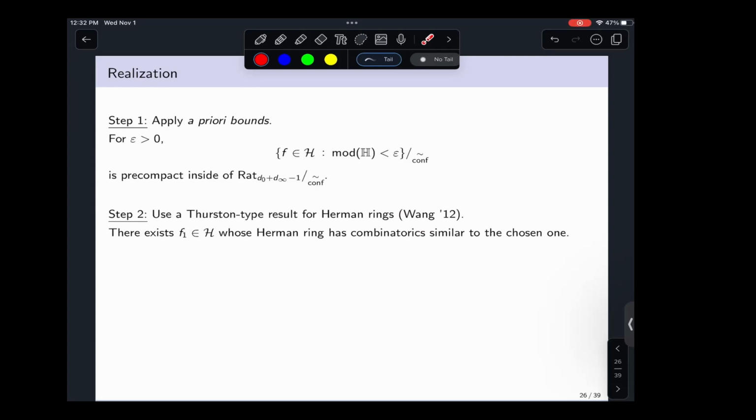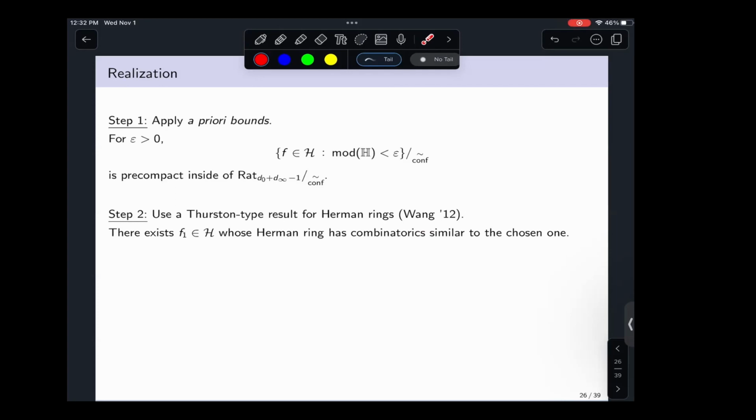And this is some kind of surgery type result for Herman rings, which states that if I want to have a rational map with a Herman ring, but outside of this rotation domain, it's post-critically finite, and also it doesn't have certain obstructions, then I can realize it.